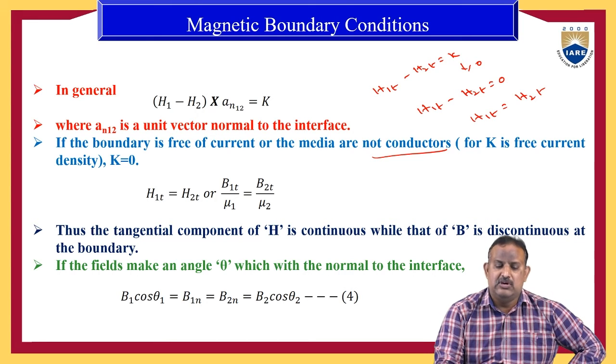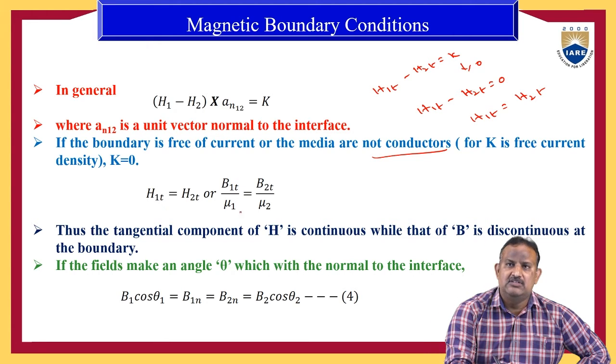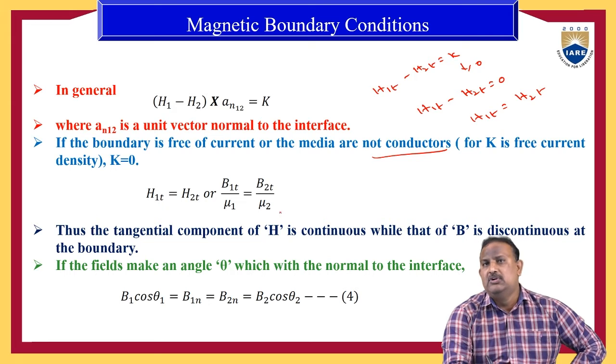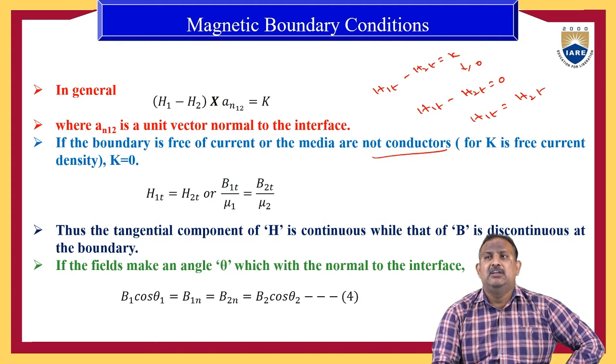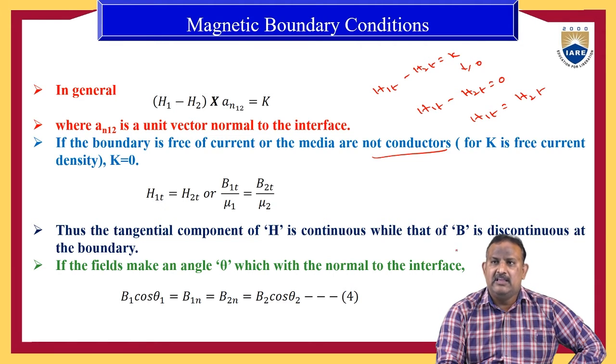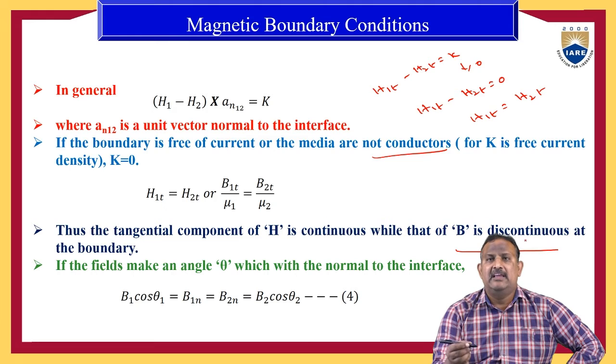Because B is equal to mu H, we can write B1t by mu1 is equal to B2t by mu2. Therefore we can conclude that the tangential component of H is continuous, while the tangential component of the magnetic flux density is discontinuous at the boundary.